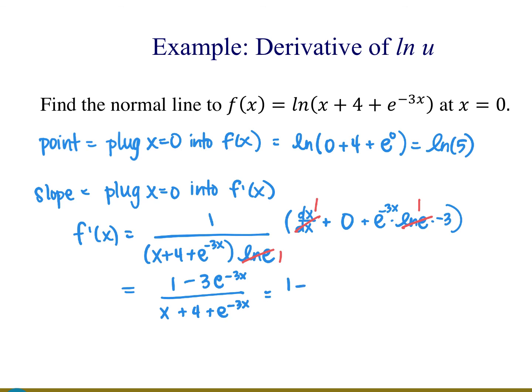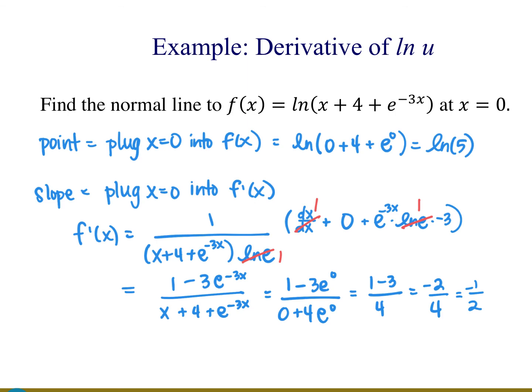So I'll have 1 minus 3 e to the 0 over 0 plus 4 e to the 0. So 1 minus 3 over 4. Negative 2 over 4. So negative 1/2 is my slope.